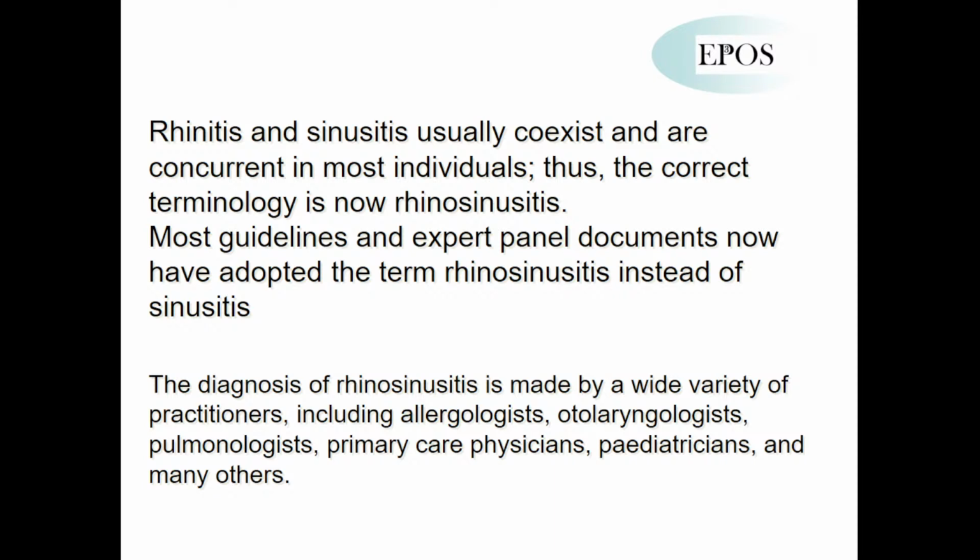Thus, the correct terminology now is rhinosinusitis. It's quite understandable because if we are speaking about rhinogenous as the main way of spreading infection, it is very difficult to imagine that infection can damage only paranasal sinuses without the mucosa of the nasal cavity.